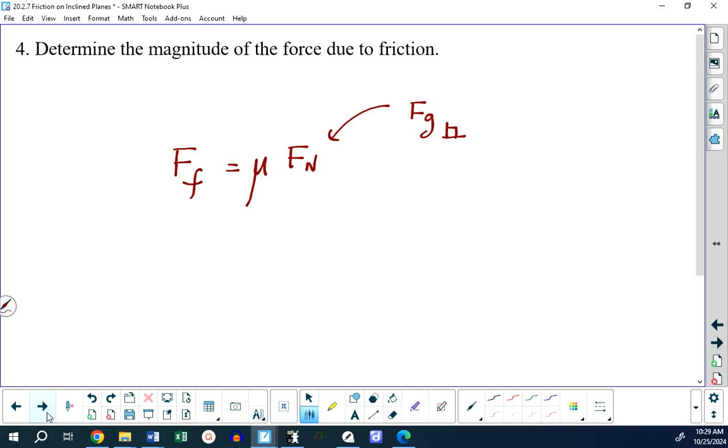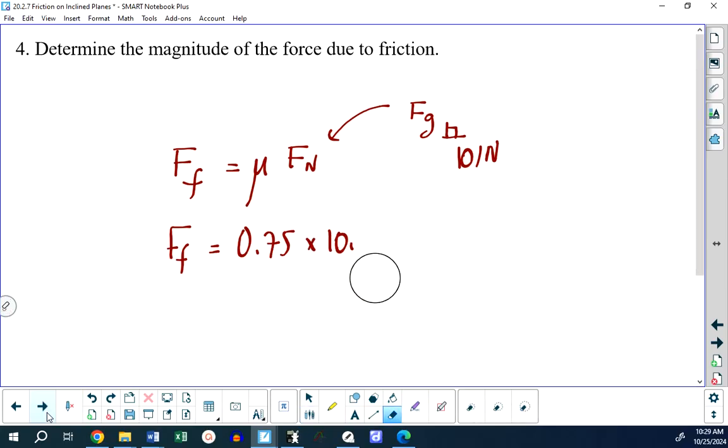Look at your free body diagram. Those two forces that I'm indicating with my arms are balanced. And we already calculated that. We calculated this to be 101 newtons, which means this is 101 newtons. I can't remember, was it 0.75 for mu? So this will be 0.75 times 101 newtons.